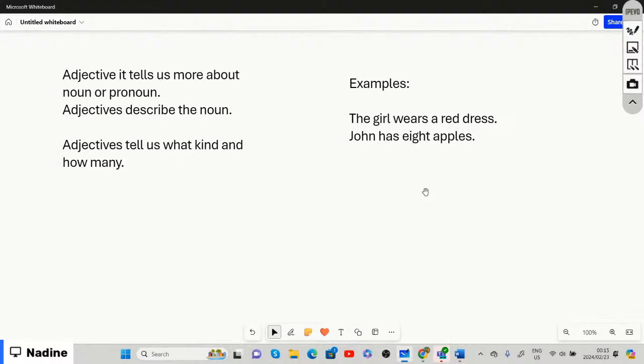I'm sitting in front of the big TV, the small TV, or the bright TV. I'm sitting on the red couch. I'm sitting on the black couch. That is how adjectives describe nouns.